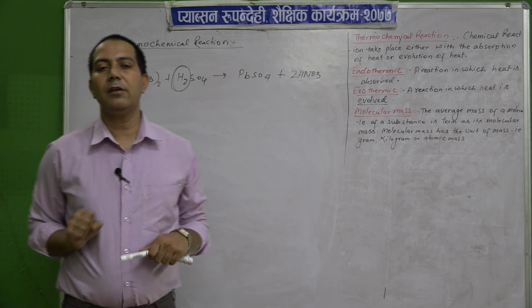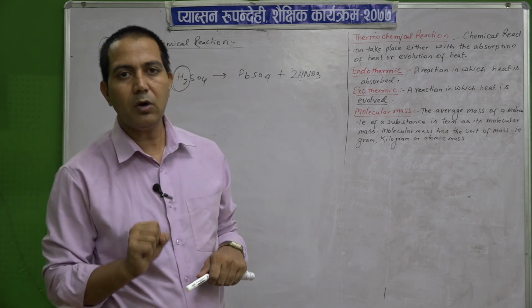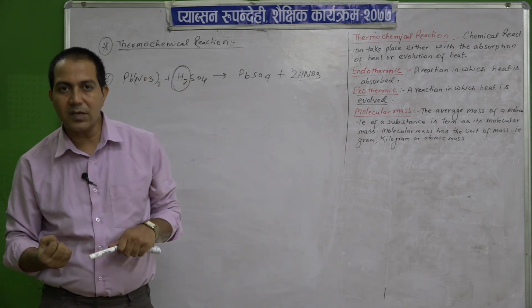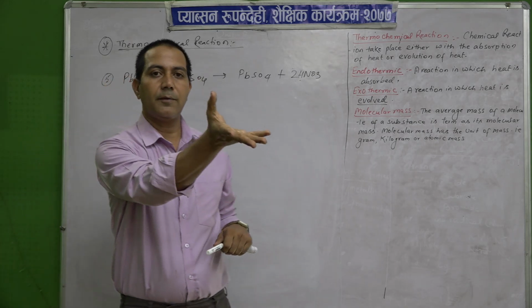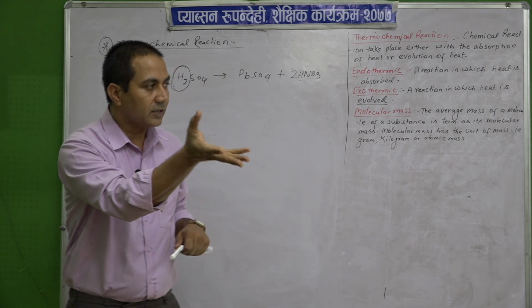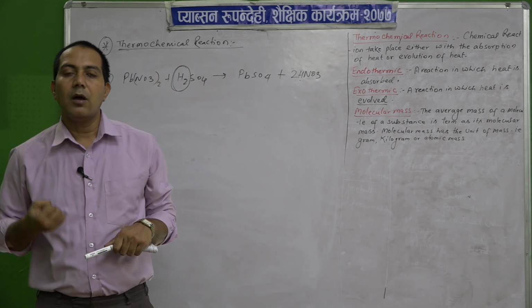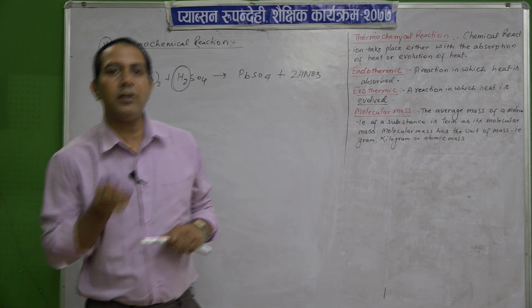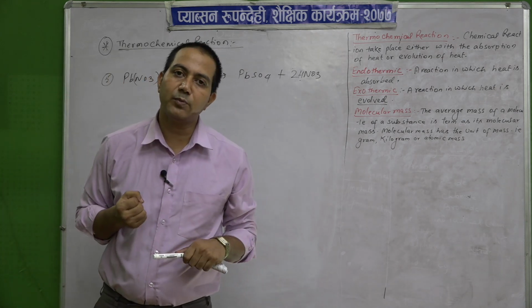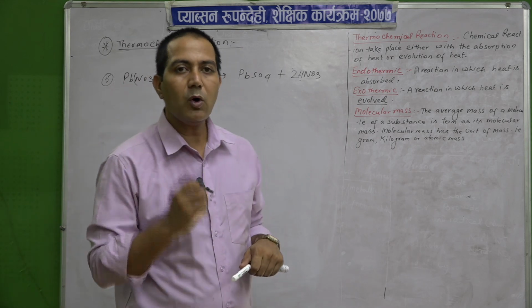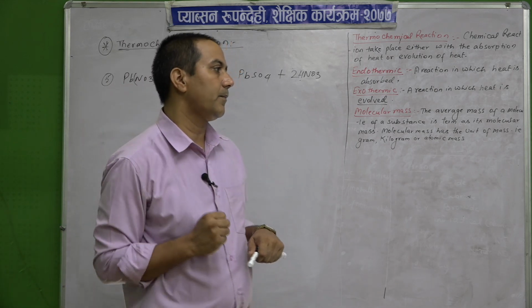That type of chemical reaction is called thermochemical reaction. Understand what I said? Heat absorption or heat release. The chemical reactions in which heat is absorbed during the process, or heat is released during the process, are called thermochemical reactions.